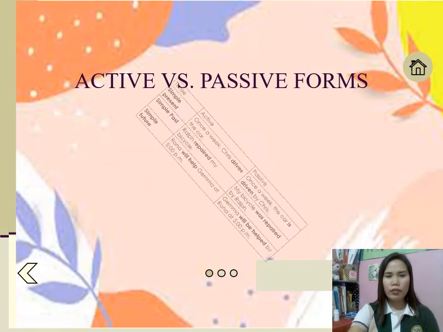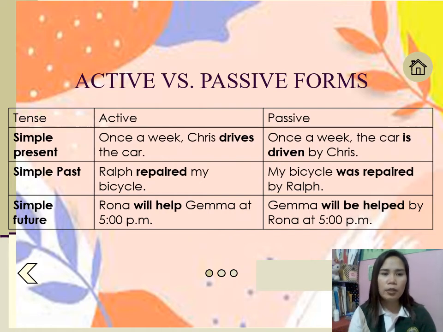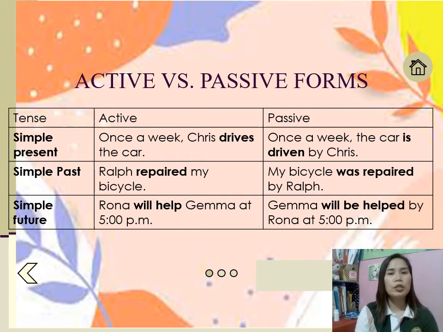So let's have another set of examples. In simple present, when we change it into passive form, you just recognize your verb and your subject. When your subject is singular, you have to use is plus past participle. When your subject is plural, you have to use are plus a past participle.